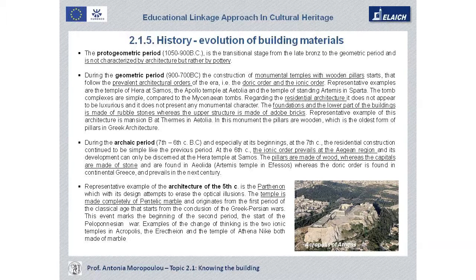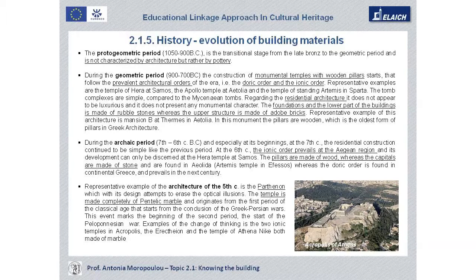During the geometric period, wood is presented as well as a main architectural component, which is now permitting to develop buildings with upper structures made of adobe bricks and which are capable to bear loads due to the wooden constructions.